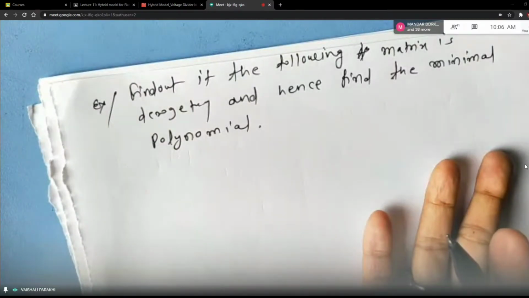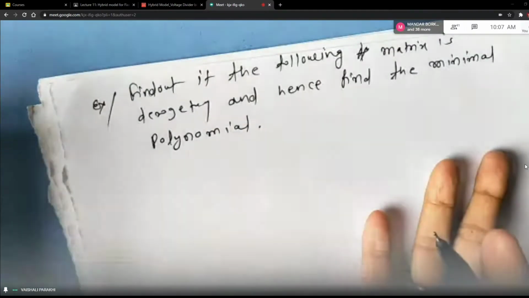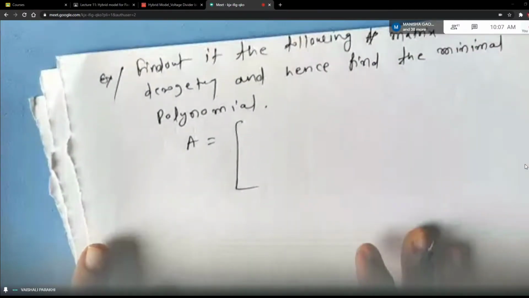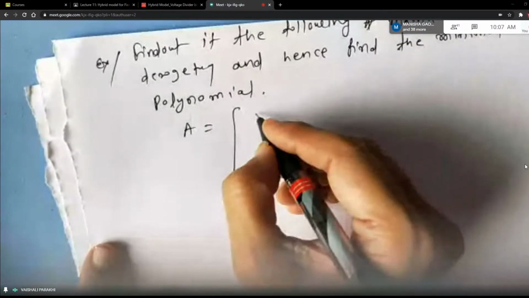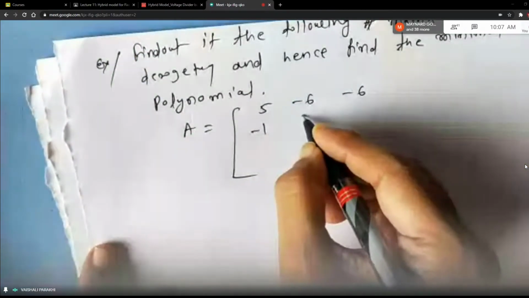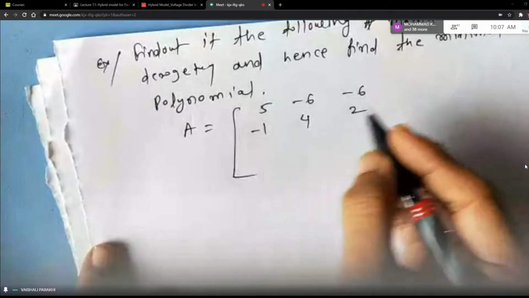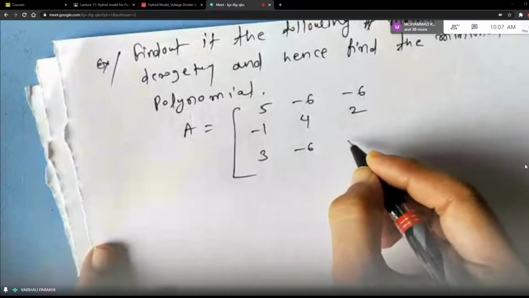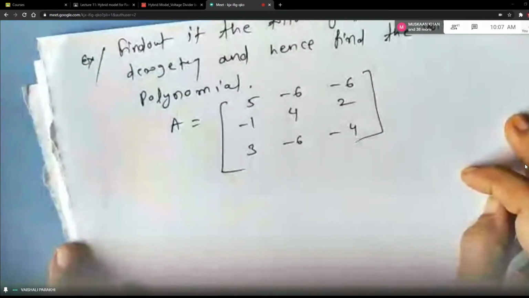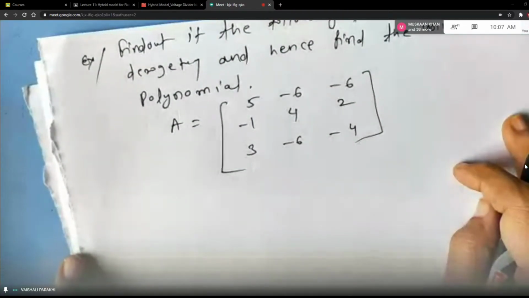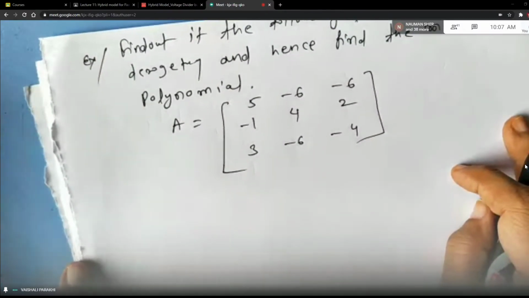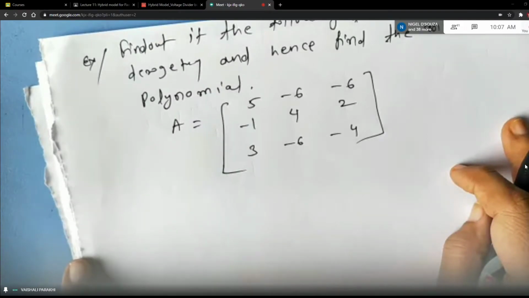Okay. Now matrix A is given as -5 -6 -6, -1 4 2, 3 -6 -4. So this is the matrix and you need to find out whether it is derogatory or non-derogatory, and hence what is the minimal polynomial.